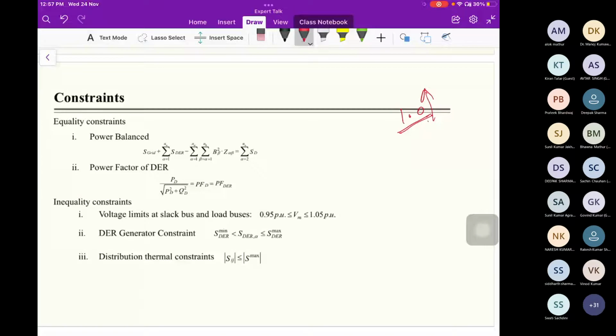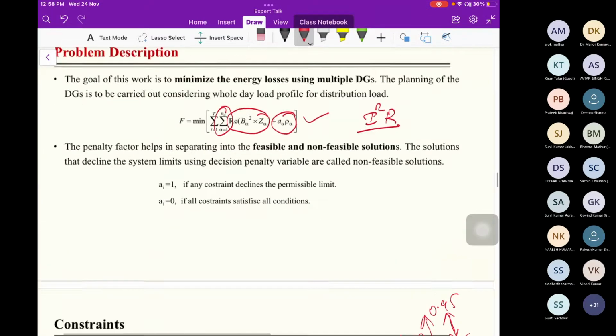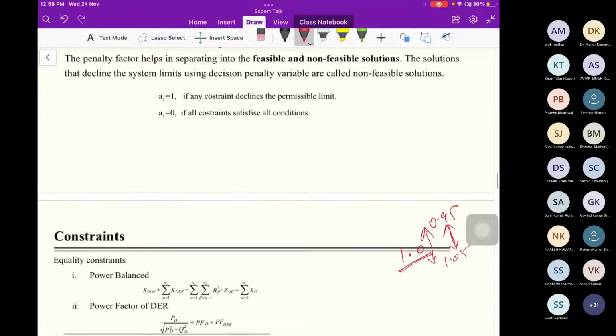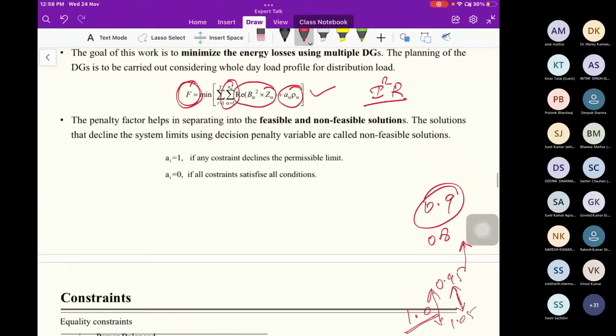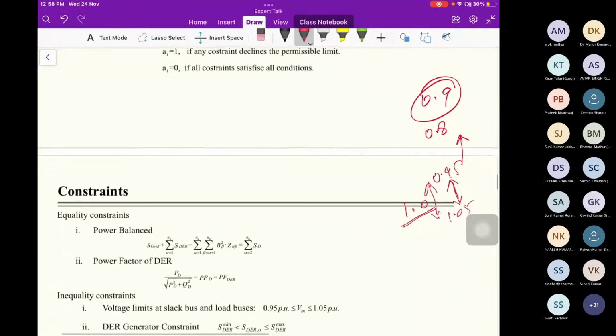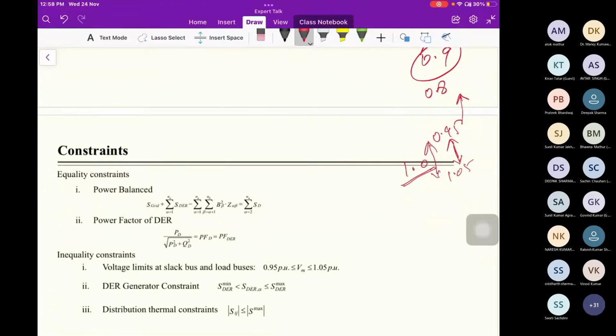So the voltage can vary between 0.95 to 1.05, and beyond this value it is not permissible. So if the losses of the system are reducing, but the voltage is down to 0.8 or 0.9, in that condition we avoid those values, we avoid the fitness value. So these are the constraints.